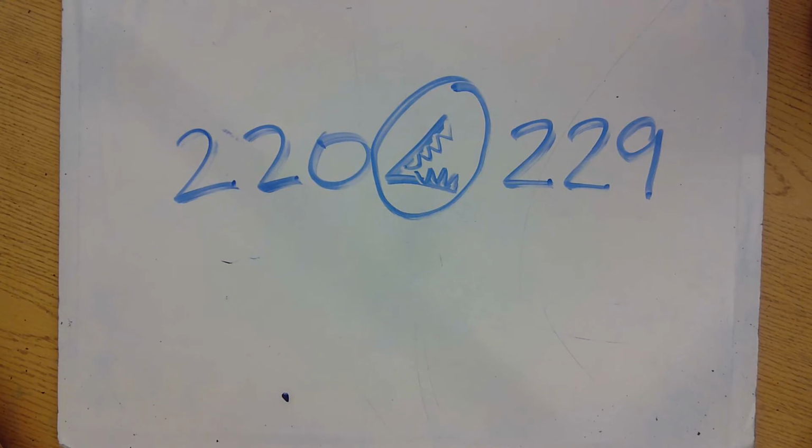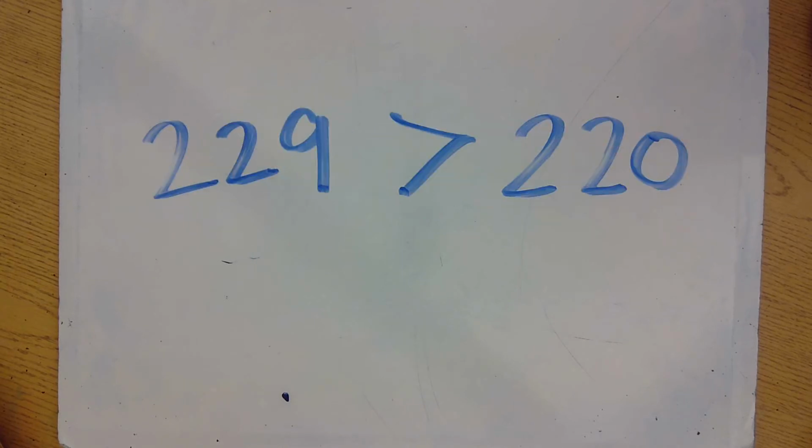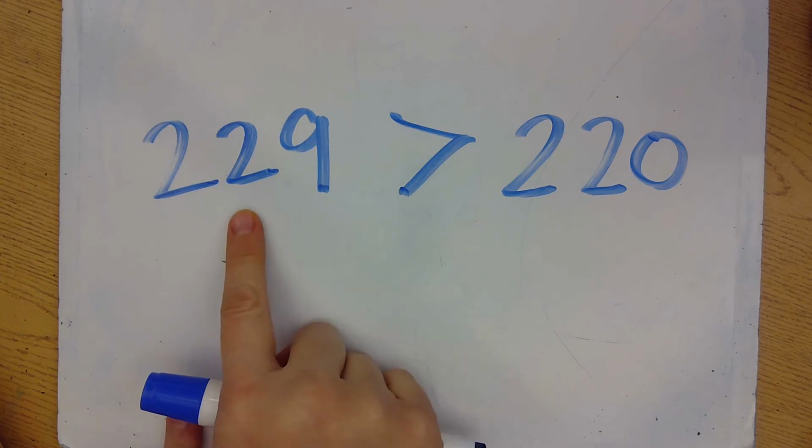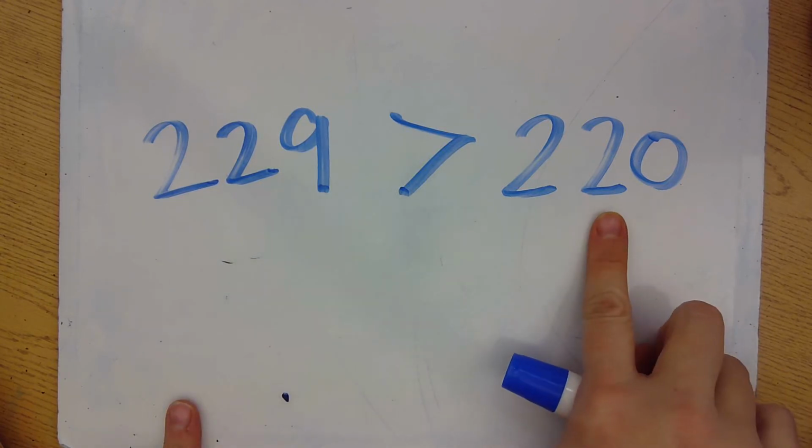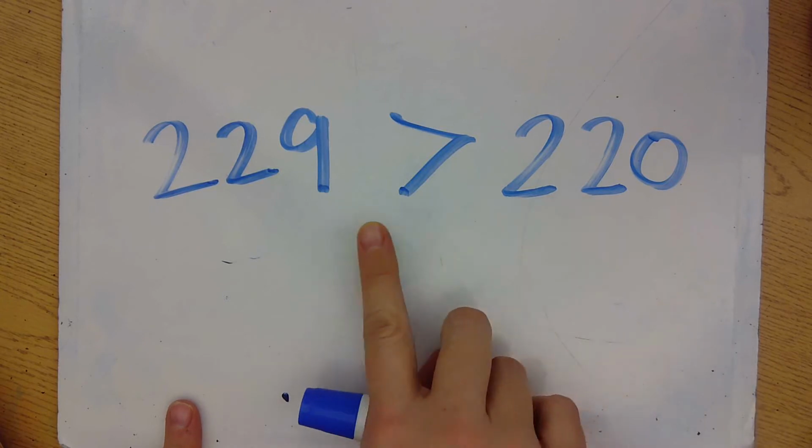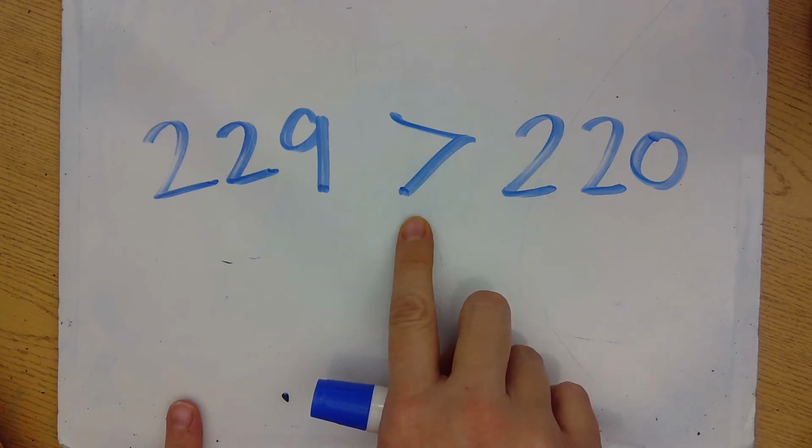What would happen if we switched these numbers around? Would we have to change the symbol that we use? Check this out. If I switch the numbers around and put 229 on this side and 220 on this side, guess what? My symbol also changes.